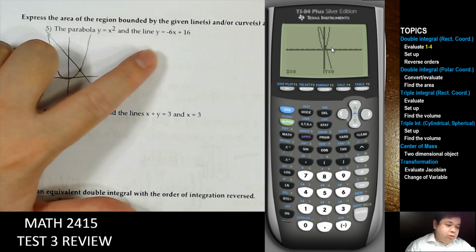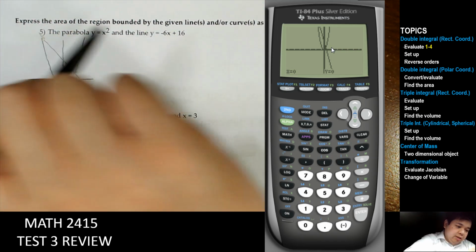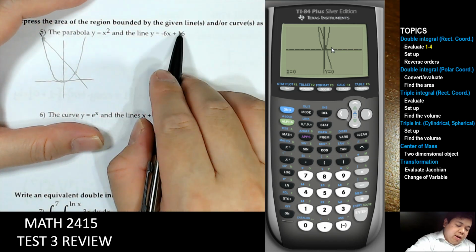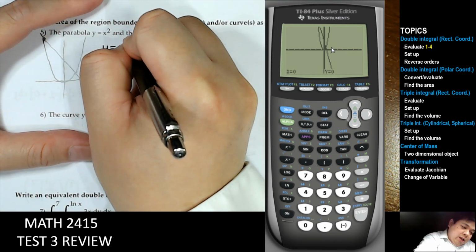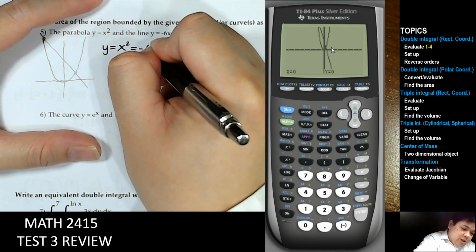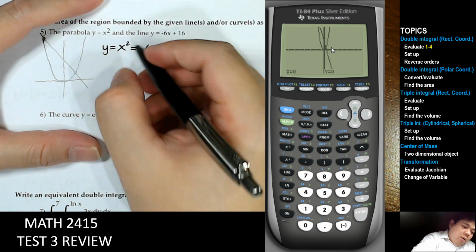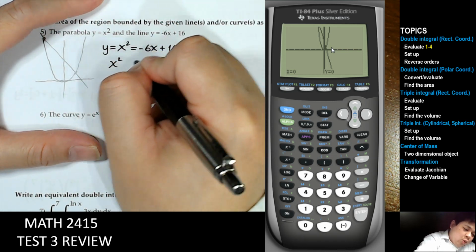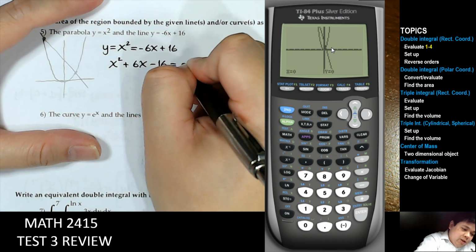First we just need to find the intersection of these two. So we're going to let them equal each other. y equal to x squared and also equal to negative 6x plus 16. Move them to one side: x squared plus 6x minus 16 equal to 0.